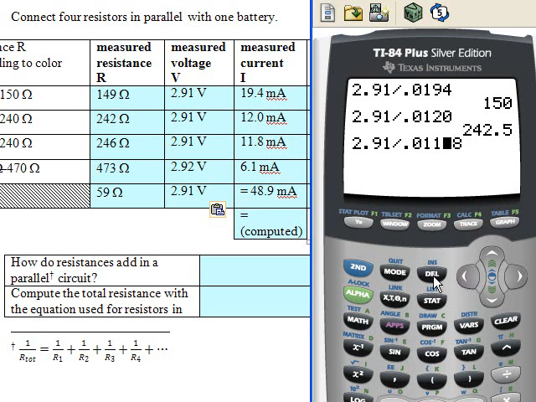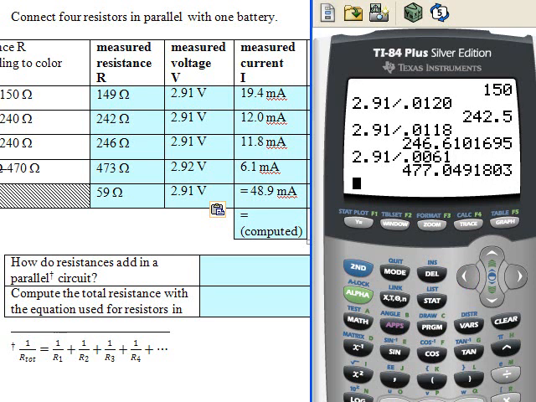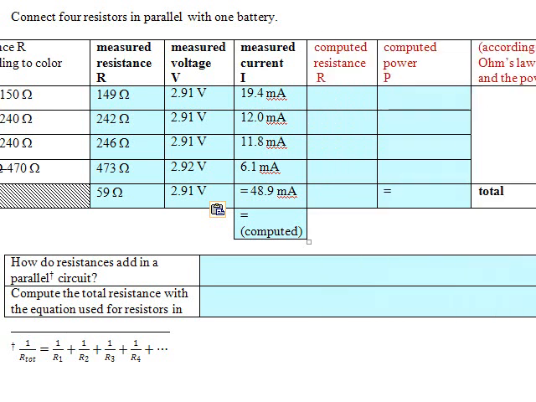Oops, now I don't need the period anymore because I already have it in amps. And divided by 0.061 amps, and then I'm going to jot down the numbers.